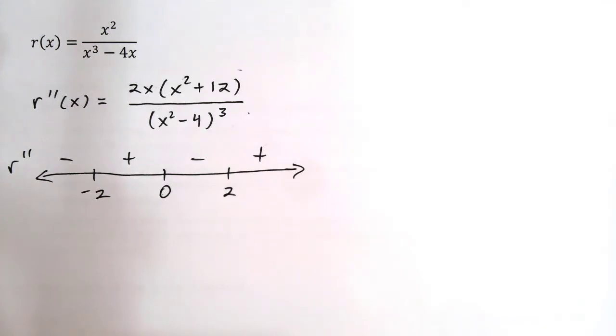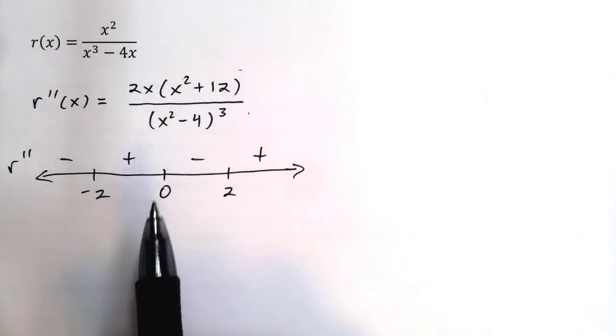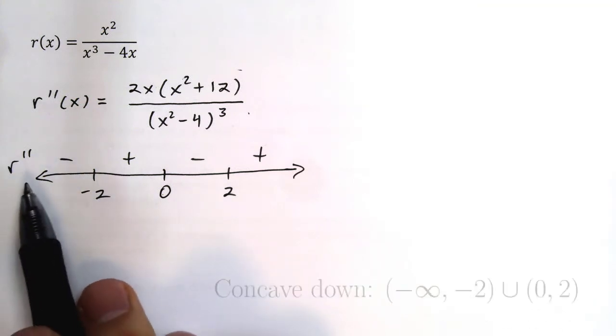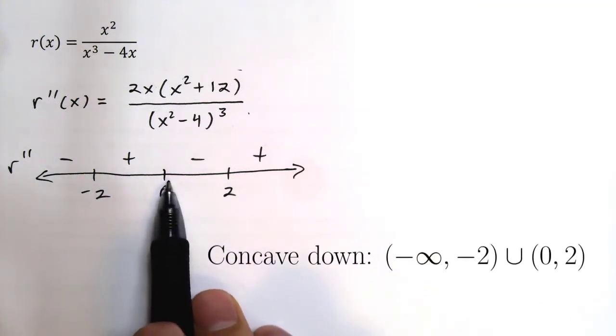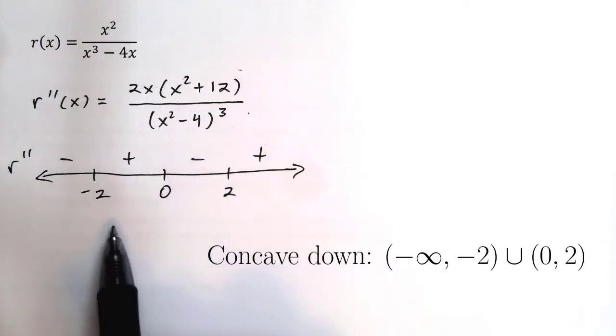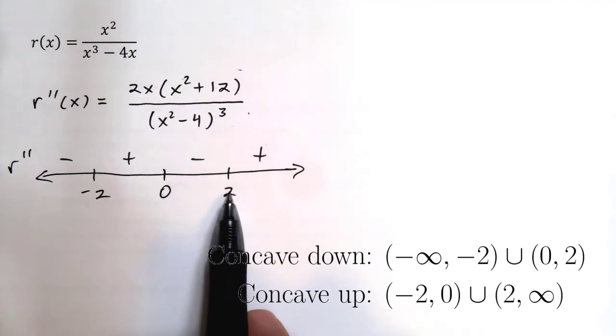So there we go. These are the signs of our double prime. So we can see the intervals of concavity. Our r is concave down on the interval -infinity to -2, union 0 to 2, and it's concave up on the interval -2 to 0, union 2 to infinity.